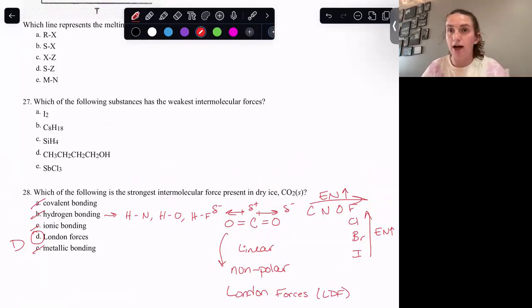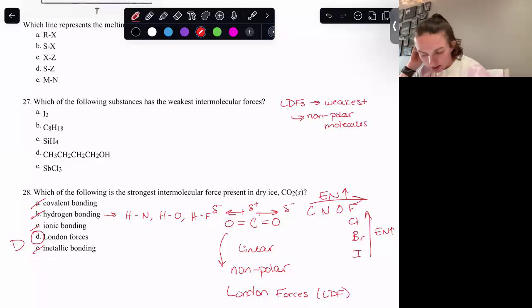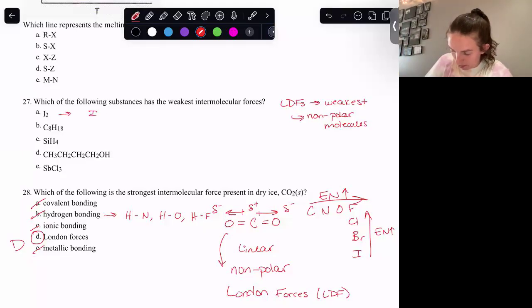So we know that London dispersion forces are the weakest, and that's from nonpolar molecules. Okay, so when we look at these structures, we have iodine like this.